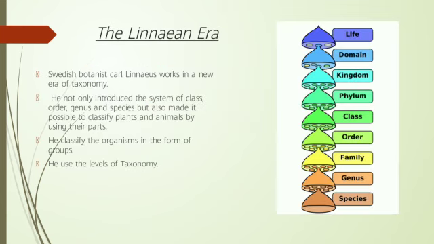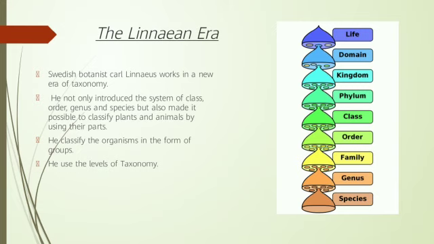This is the main modern Linnaean era, which was done by Linnaeus, the Swedish botanist. He classified the plants. Not only did he describe their order, genus and species, but he also made it possible to classify plants and animals by using their parts.